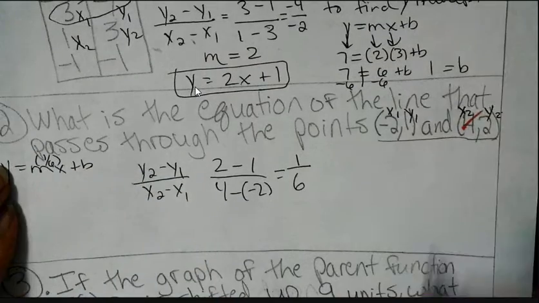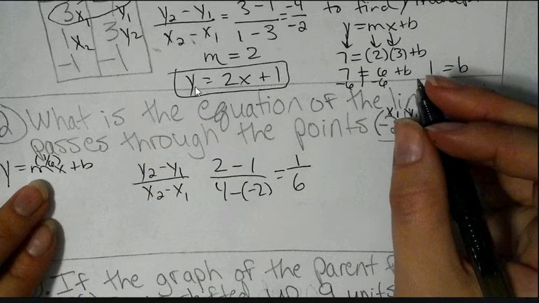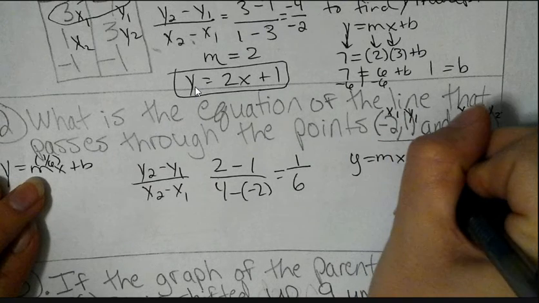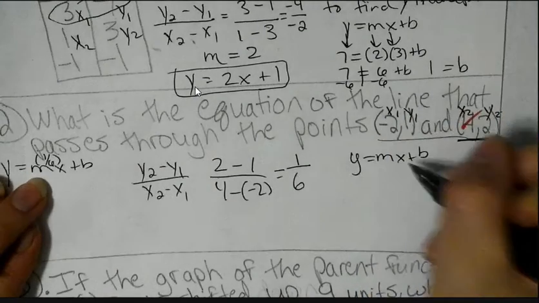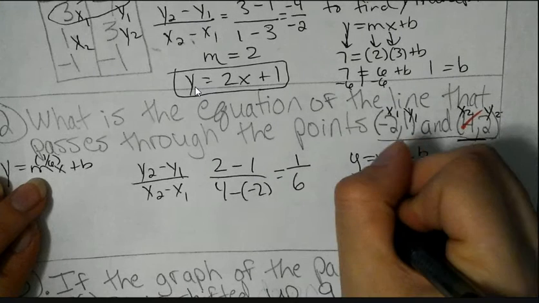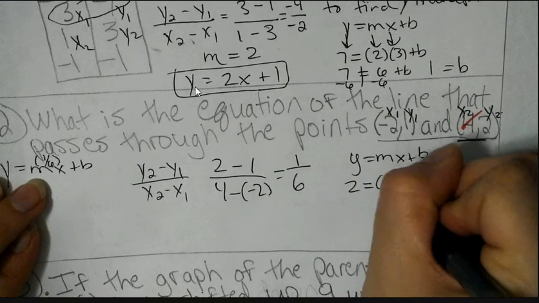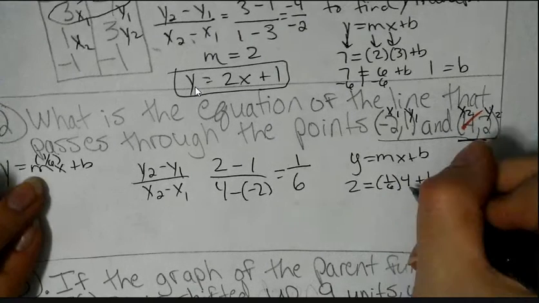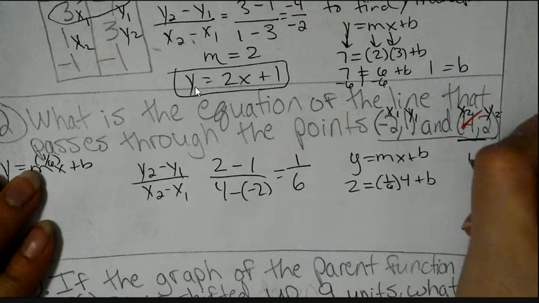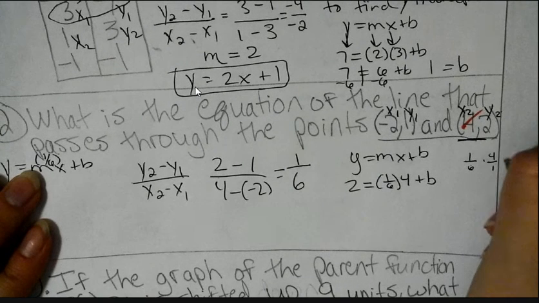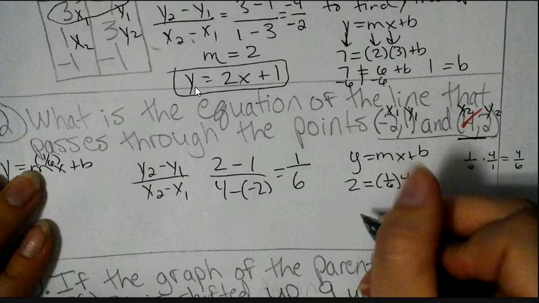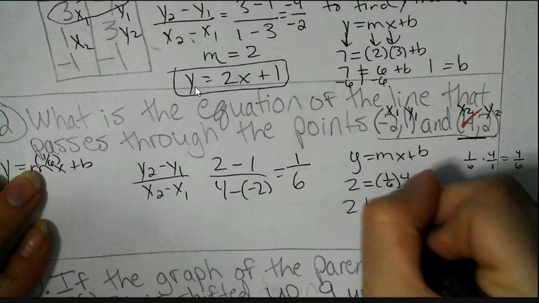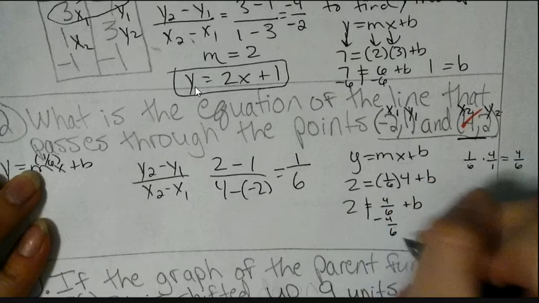Okay, so now I'm going to find my y-intercept. So I'm going to start with y equals mx plus b. I'm going to use these 2 points to put in for y and x. So 2 equals 1 over 6, x is 4, plus b. 4 times 1/6. So 1/6 times 4 over 1 equals 4/6. So 2 equals 4/6 plus b. I need to subtract 4/6 from both sides.